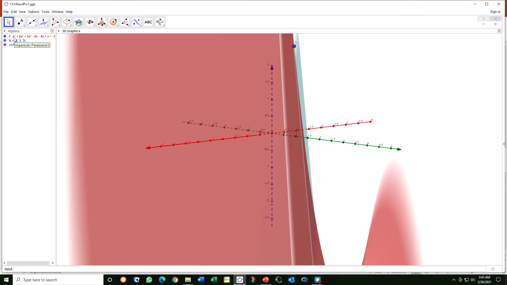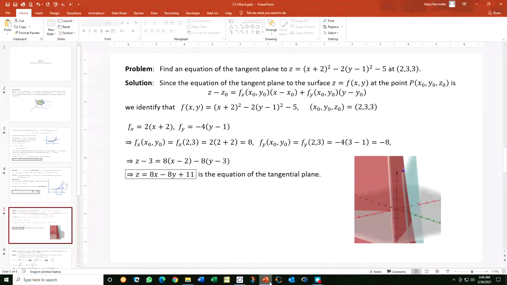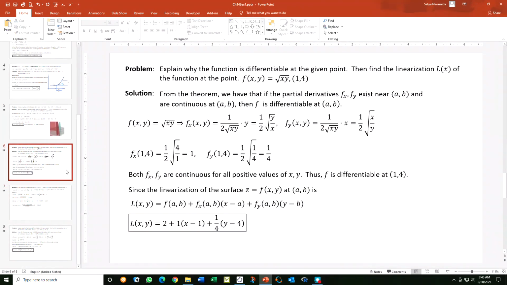So as you can see, all I did is simply type up x minus blah blah blah is equal to z equals blah blah blah kind of a thing, and that created the surface. And I said A equals 2, 3, 3, that's our point. I should have said P maybe. And then for the tangential plane's equation, I just typed 8x minus 8y minus z equals negative 11, or maybe I said plus 11 equals 0. That's it. It drew the whole thing for us. Okay, that's what you see here. What else? Okay, let's look at another problem.